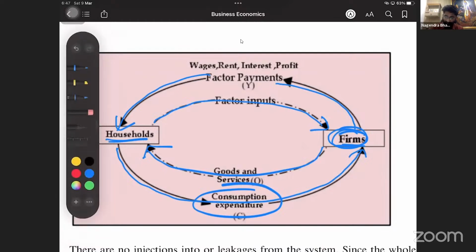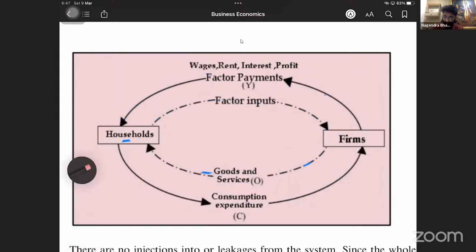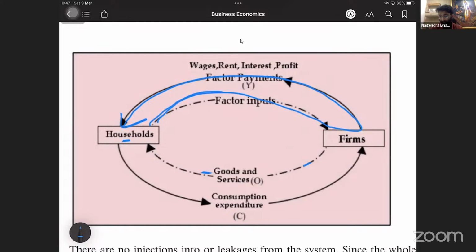How is it presented in this diagram? Simple. Household gives the factor input for which they get factor payment. And what do they do with this payment? They do the consumption expenditure, for which the firm will give the goods.